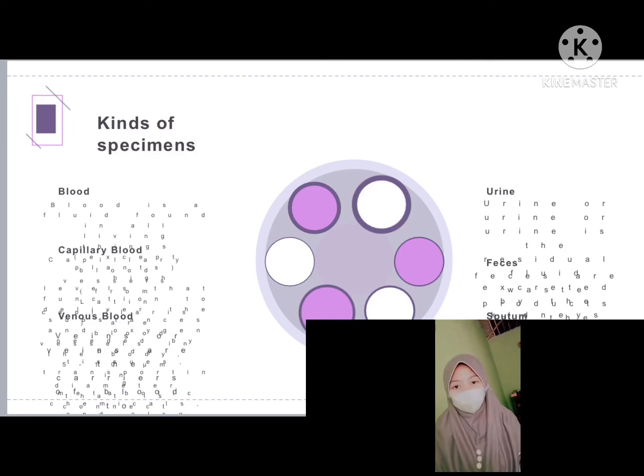Sputum. Sputum is material that is removed from the lungs, bronchi, and trachea by mouth, usually also called expectoration. Adults normally produce about 100 ml of mucus secreted in the airway daily.